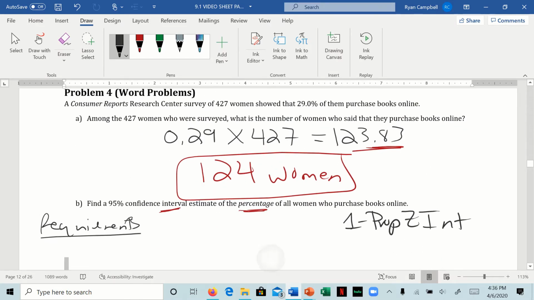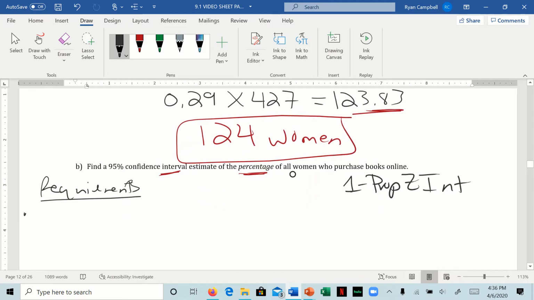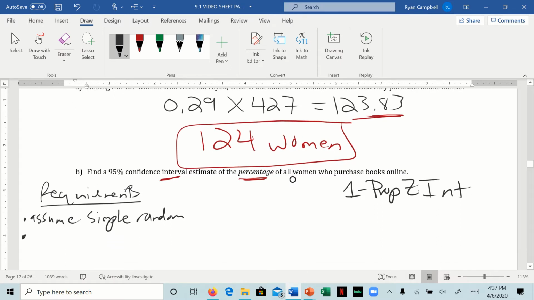It didn't tell us how they got all these women, so we can just assume it's simple random. Are there two qualitative options? It shows whether they purchase books online. So either they purchase books or they don't, right? Those are the two options.